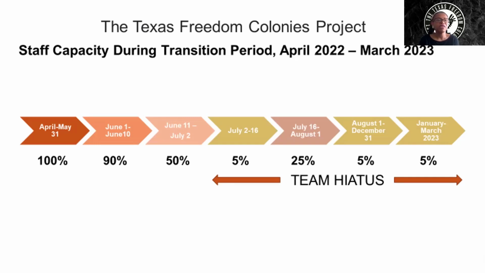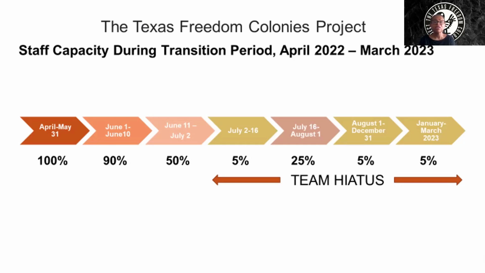So starting around June 11th, you'll see a reduction in our availability, and then a serious reduction July 2nd through 16th. Every year, I give the team time to recharge. So while they'll still be working, they will not be doing what we call public-facing work.